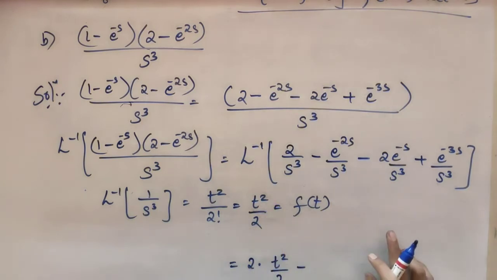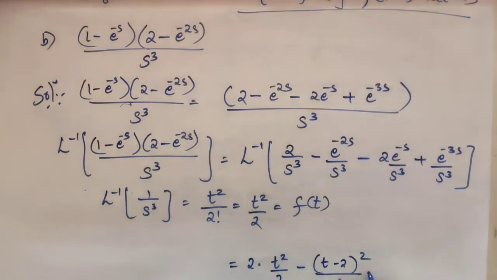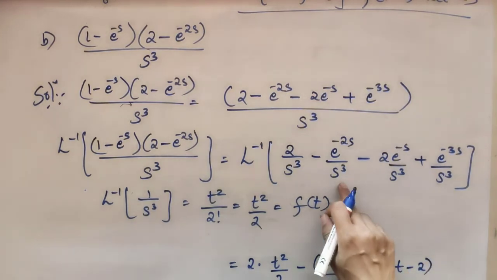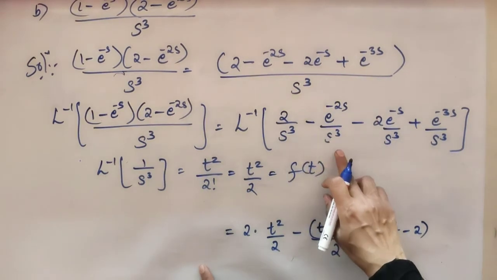In place of t square, you are going to write t minus 2 whole square. Wherever it is t, you are going to write it as t minus a, or t minus 2 in this case. So it will be t minus 2 whole square divided by 2 into u of t minus 2. This completes the solution for the second term.